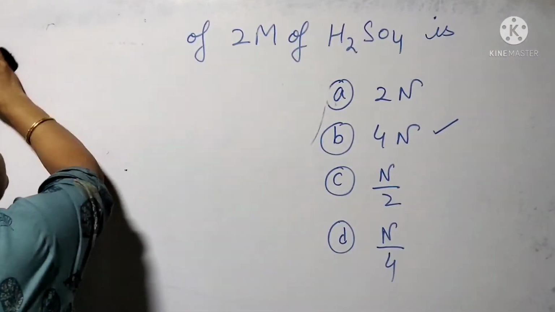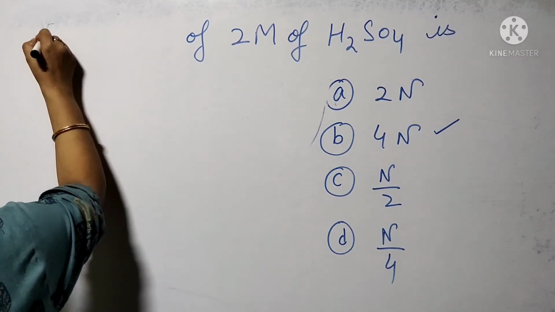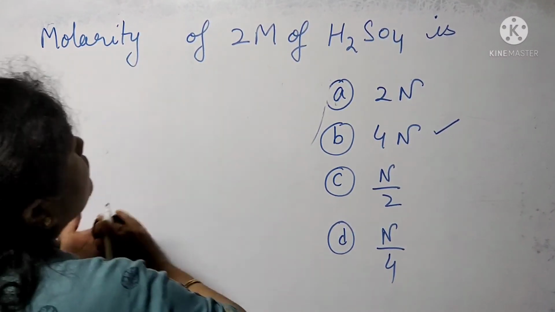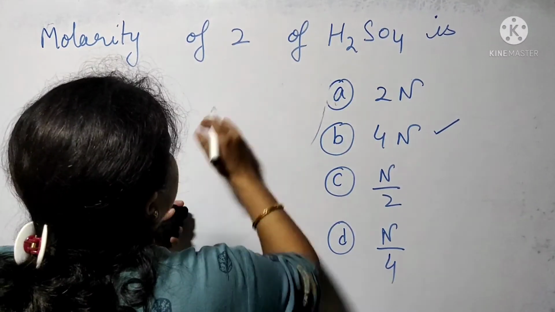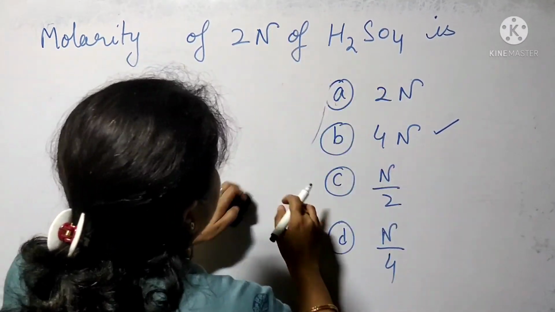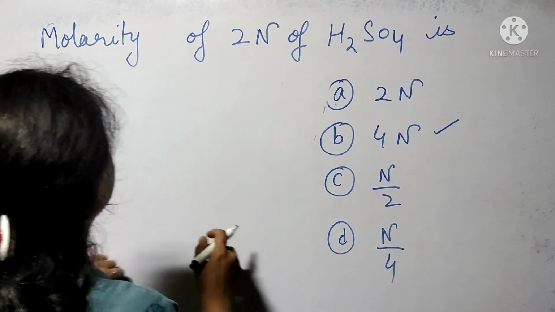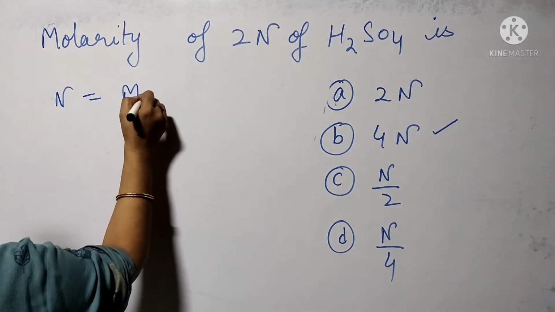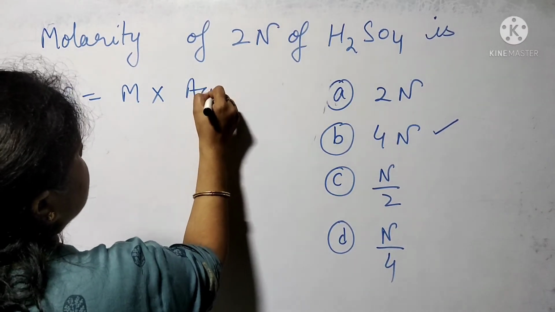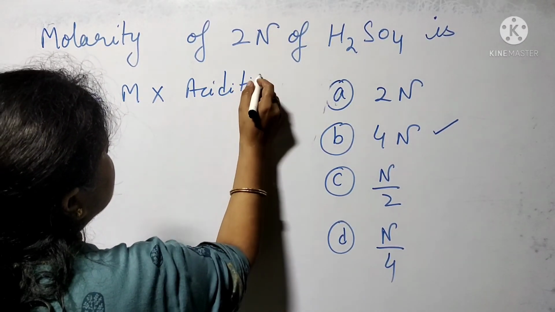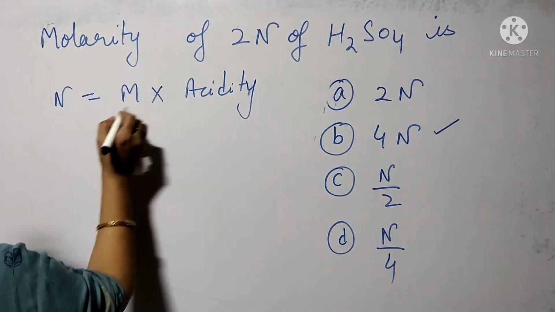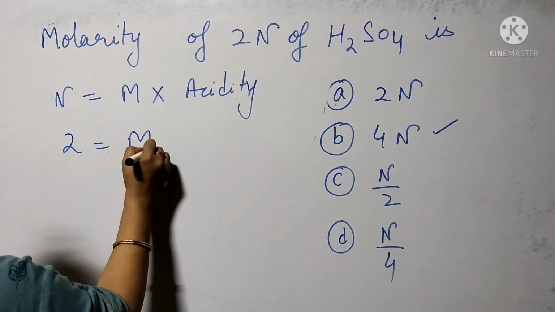For example, we convert the question in this way: find the molarity of 2N of sulfuric acid. Then normality is equal to molarity into acidity. So here normality becomes 2, and we have to find the molarity.